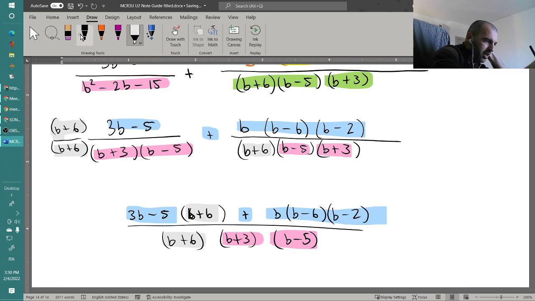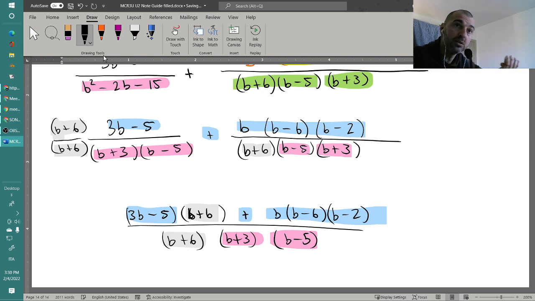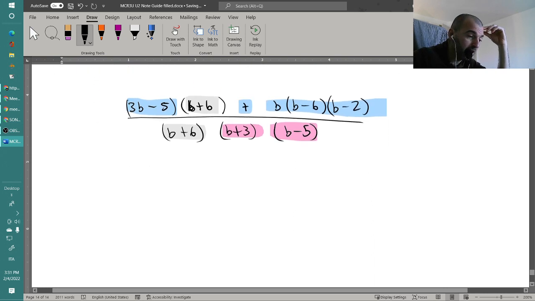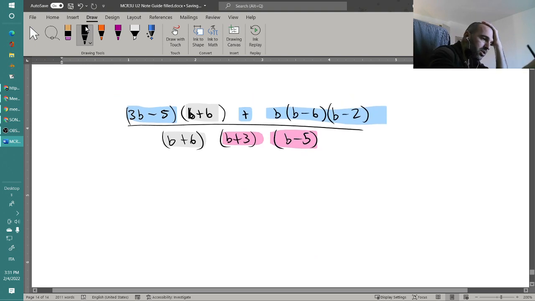Okay, one thing I missed was the parentheses here. And now, essentially I'm done with this one, except that I really ought to simplify the numerator, okay? So this is going to be a bit of work, so I'm going to FOIL a bunch of this stuff here, all right?